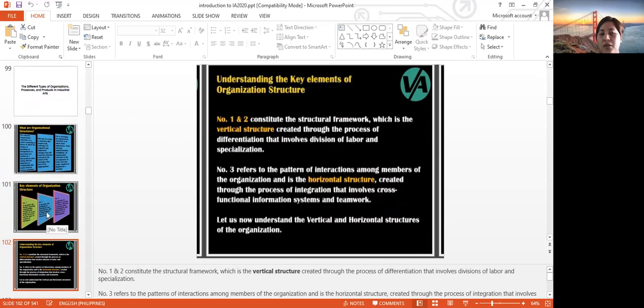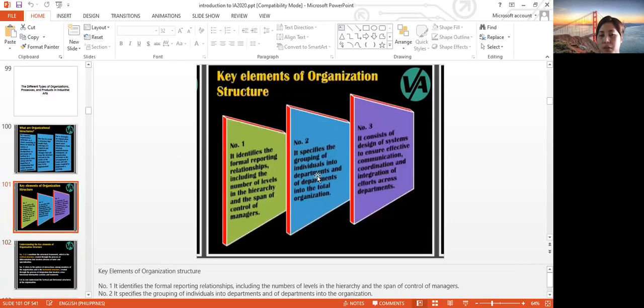So if we are going to look back now at number one and number two, this tool refers to vertical structure because it identifies the formal reporting relationships, including the number of levels in the hierarchy and the span of control of managers, and then it specifies the grouping of individuals. So the individuals are grouped according to their task, and there are formal reporting relationships.